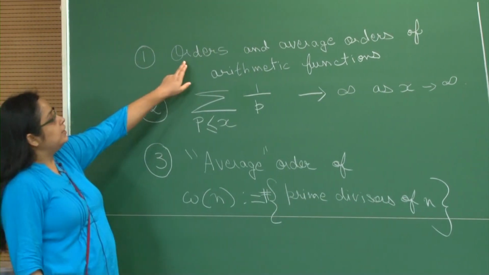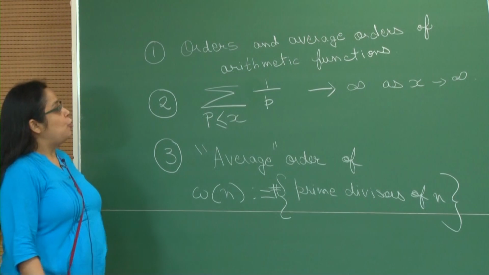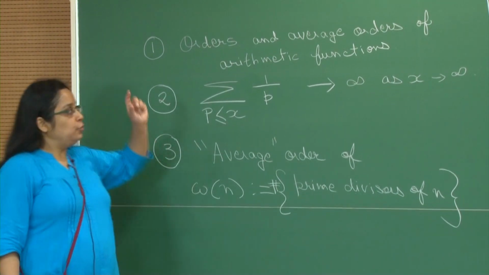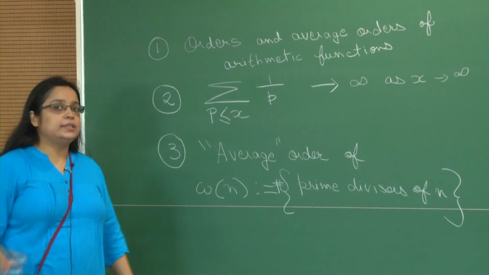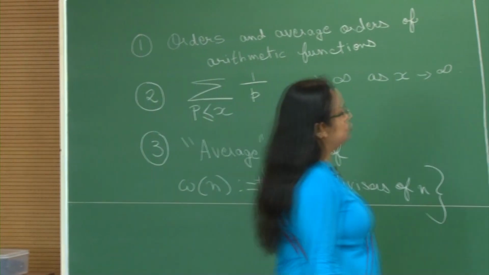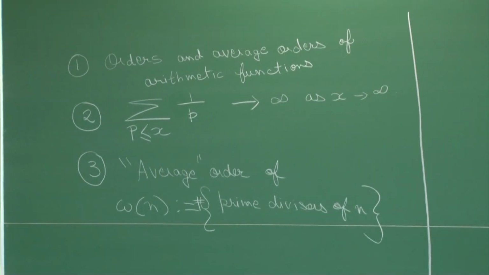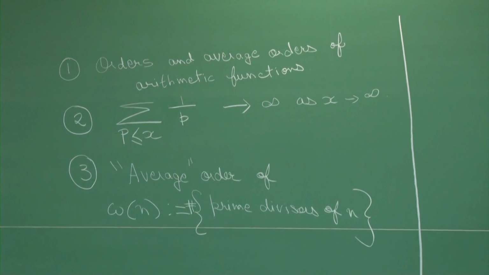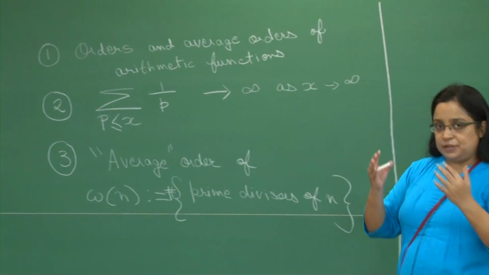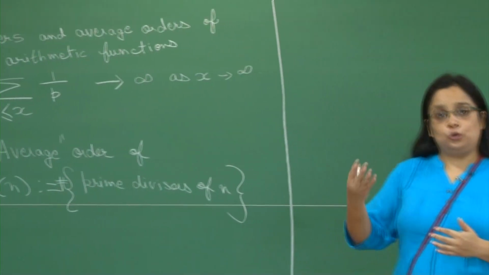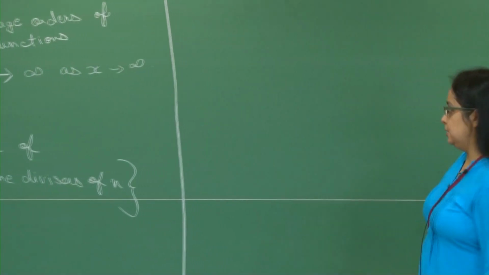So, let us start with the first topic, namely orders of functions. We are going to introduce a few symbols which are going to be our good friends throughout this course and very helpful to express what we know about growth of certain types of functions.